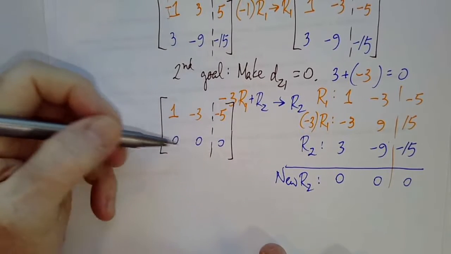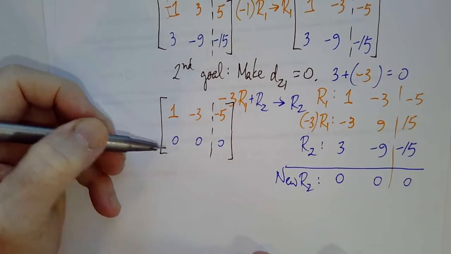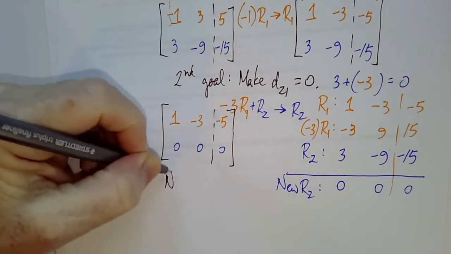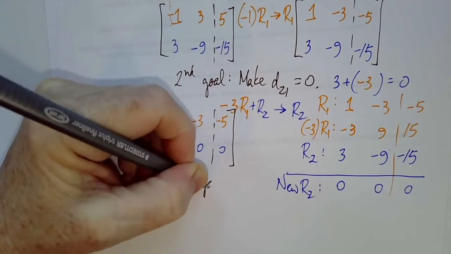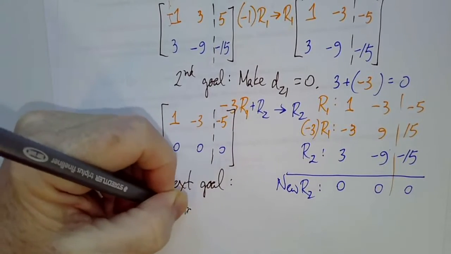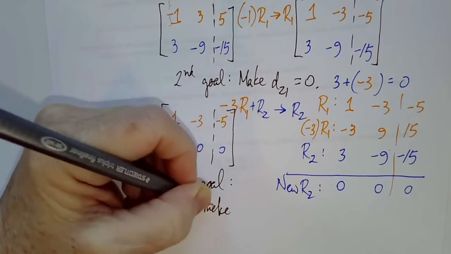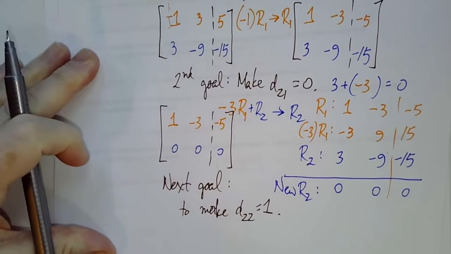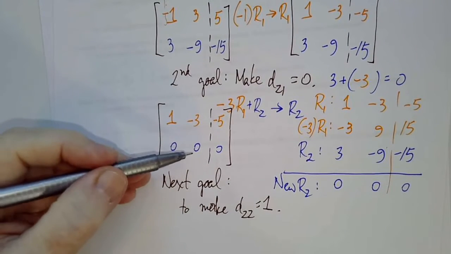When we have all zeros in a row, remember our next goal is usually to make d22 equal to 1. But we've got a 0.